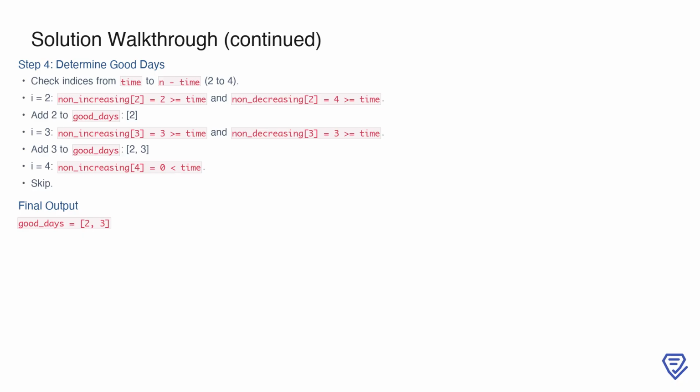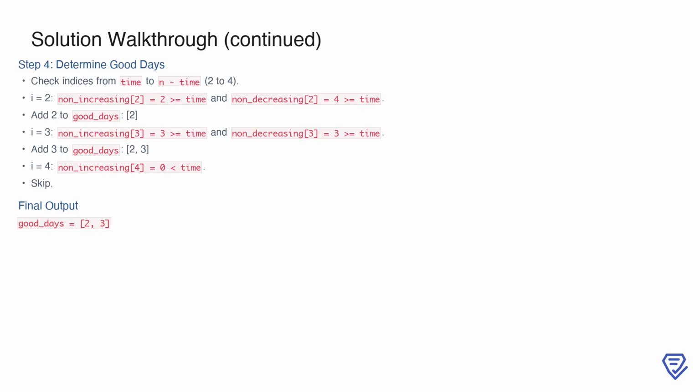Now that we have both non-increasing and non-decreasing arrays, we can determine the good days to rob the bank. These are days where the number of non-increasing days before the current day and the number of non-decreasing days after the current day are both at least equal to the given time. Here, we check indices from time to end time, which in this case means indices 2 to 4.